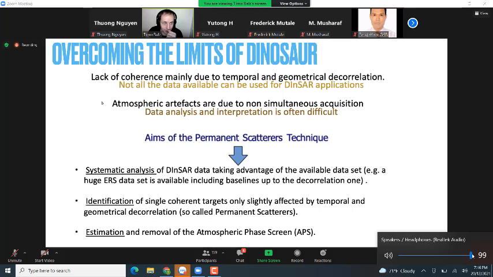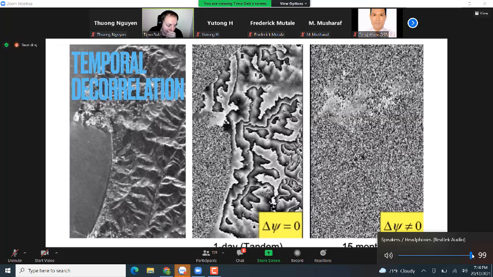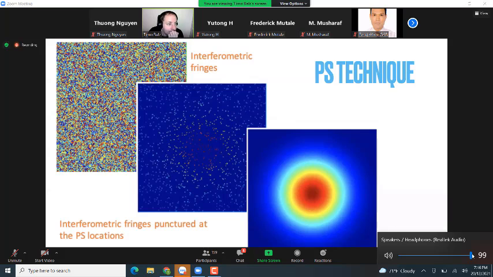Okay, so let's take a look at how we do that. I just showed you that phase slide again. So when we're looking at this image here, you see there's a lot of noise on the left side. It's a very noisy image. And in the middle, we are only looking at a few points. These are the stable points, the so-called PS, the permanent scatterers.